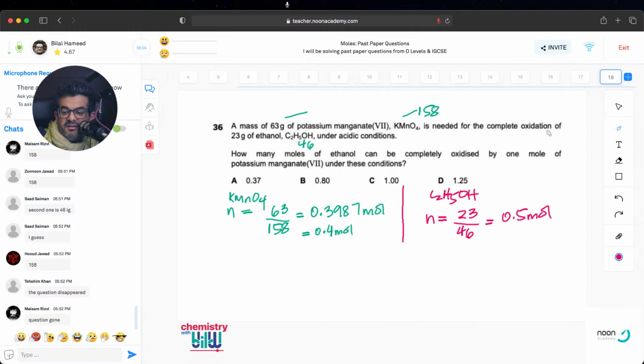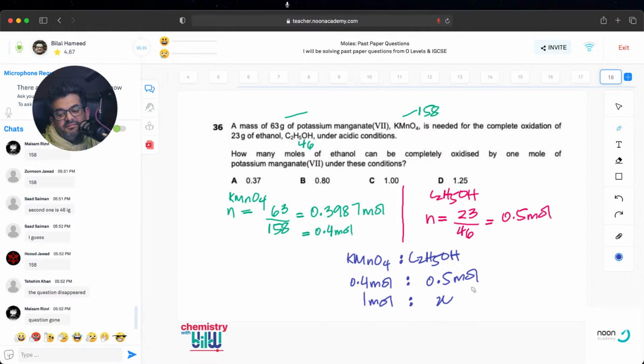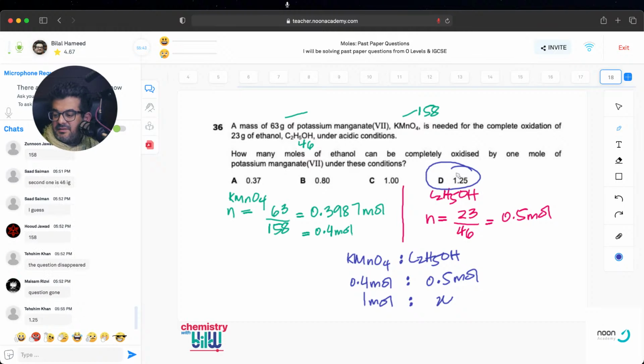So what you've done is find the moles of each of them that react. So 0.4 moles of KMnO4 are reacting with 0.5 moles of ethanol, and they want to know how much reacts with 1 mole. And when you solve this, you get what? D as the answer.